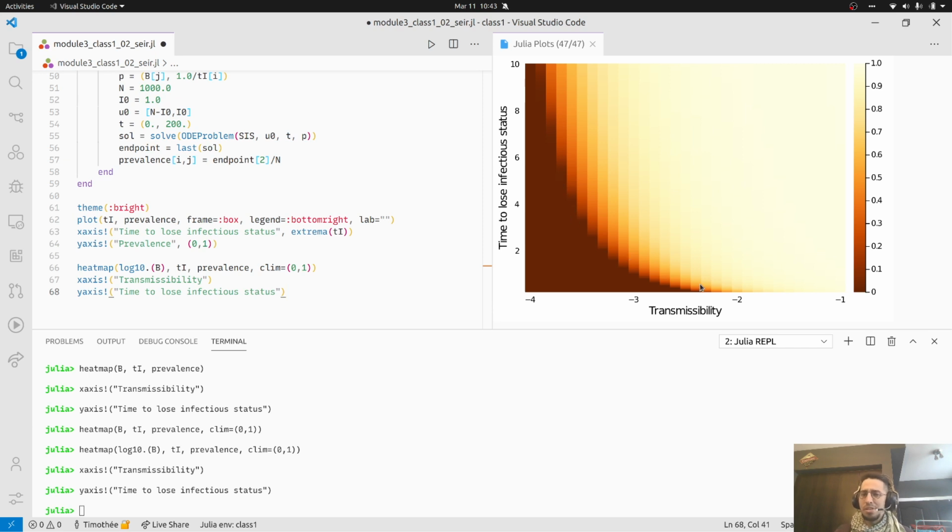But there's a compromise here, where a disease that is very transmissible, even if it loses its infection status almost immediately, doesn't really matter. It's so transmissible that it's going to overwhelm the loss of infectiousness. A disease that is very difficult to transmit needs to have a very long infectious period in order to persist, right? And that makes sense.